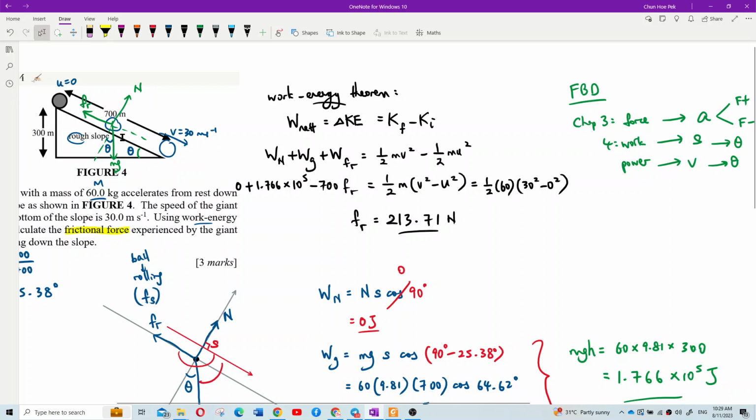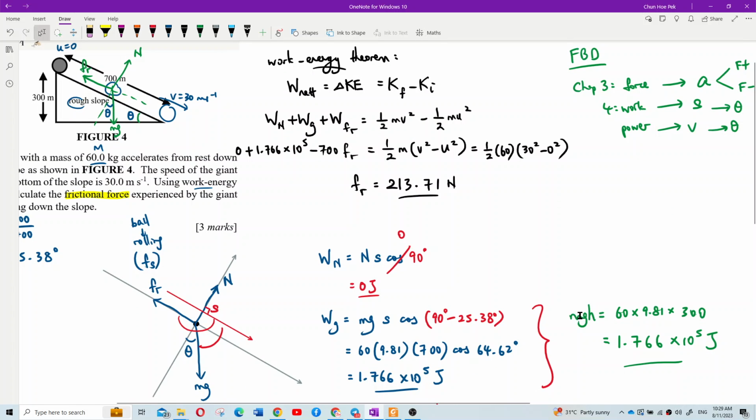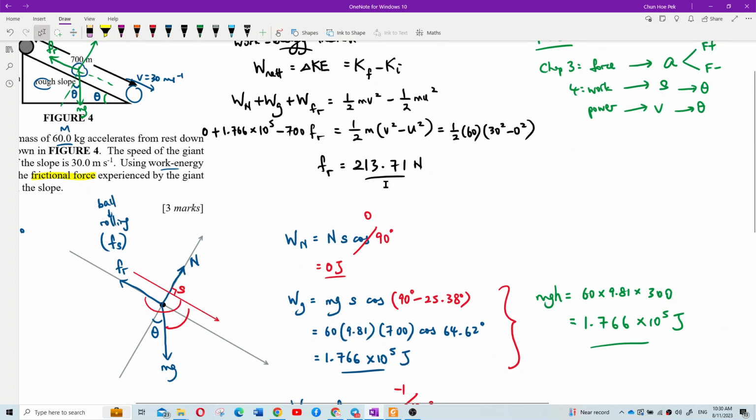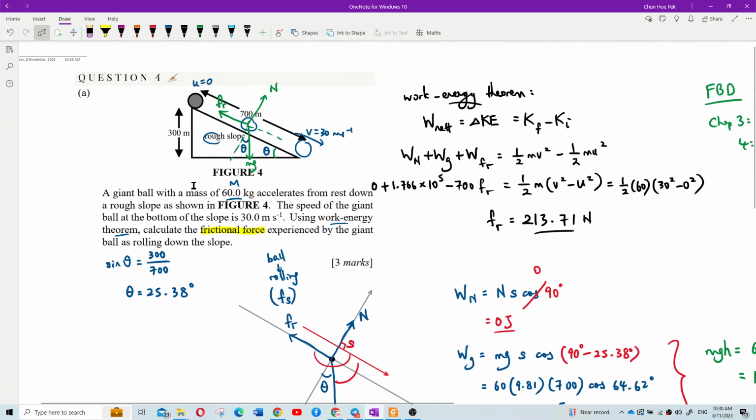Work done by friction. It's as simple as work done being gravitational potential energy change to kinetic energy. So mgh is the same. You sure get back the same answer. Okay, that's the answer for A.